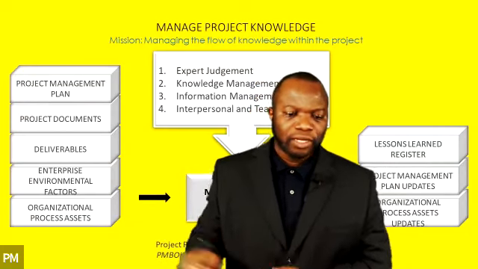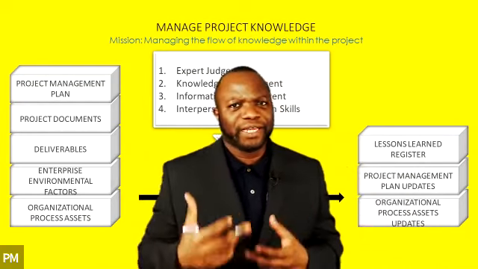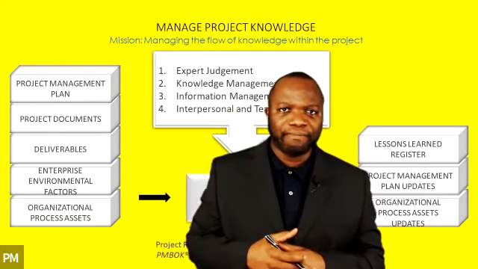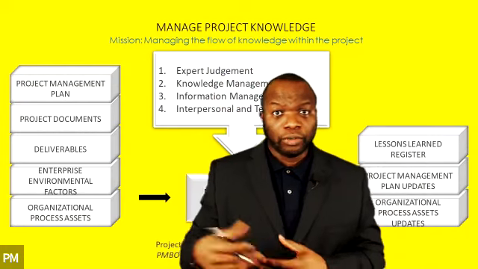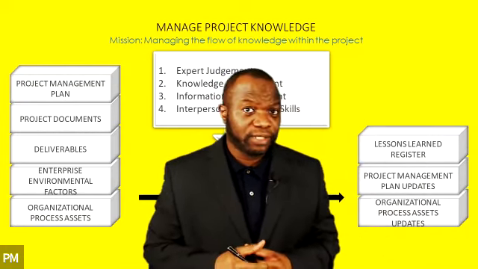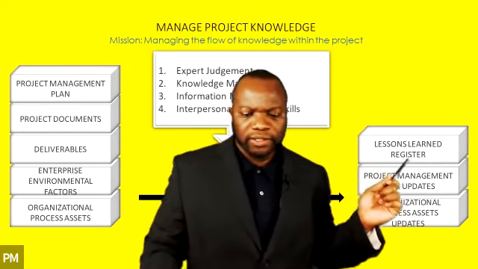Last but not least, we have interpersonal and team skills. Think about it. As lessons learned are being shared, you need to have great interpersonal skills as a PM. Connect people to people, people to information. There's bound to be some interpersonal and team skills at play. All right, let's take a look at the outputs.